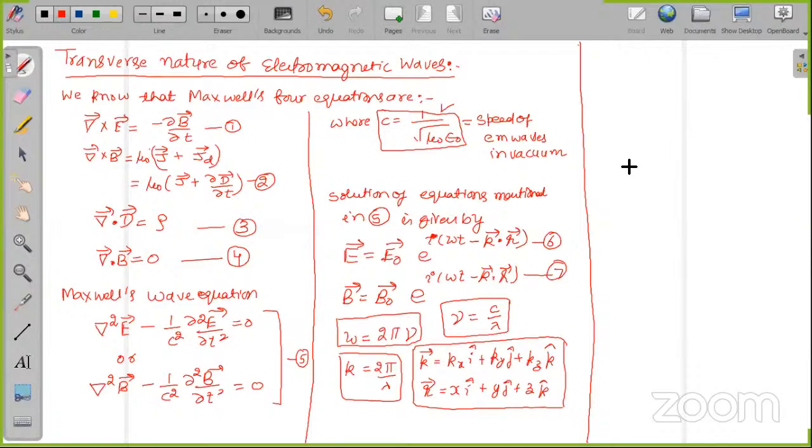Okay, let me now show that electromagnetic waves are transverse in nature. Since E vector and E0 vector are vector quantities, therefore these can be expanded as follows.